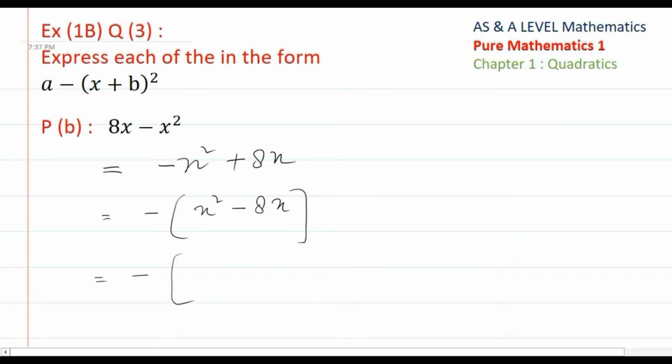Minus times x minus 8x will be x minus 4 whole square minus 4 whole square.